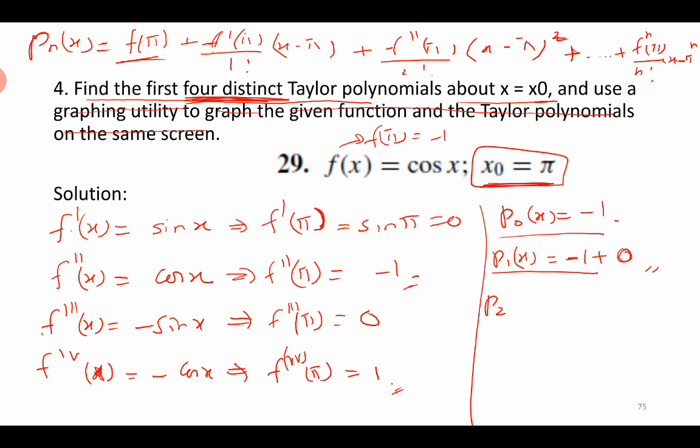Let's try p2 of x. What is it? p0, p1, -1, isn't it? -1 from p1, and then for p2 the third term, the second derivative at pi, is -1 times x minus pi whole square divided by 2 factorial. So what do you get?